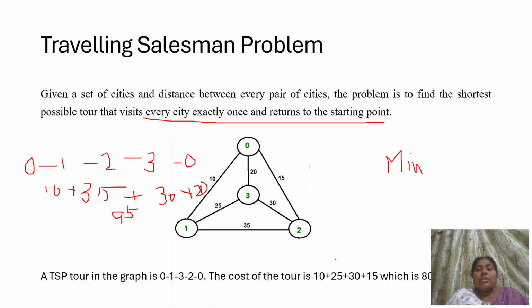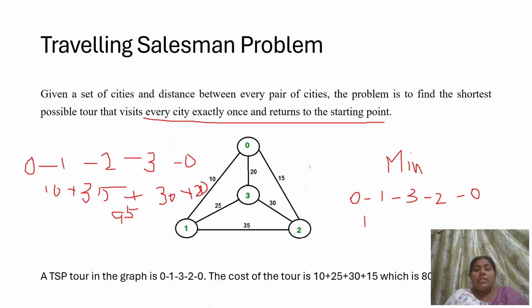Another tour I am going to consider: I am starting at 0, going to 1, next to 3, next to 2, and next back to 0. The very important thing is that each and every city should be visited exactly one time only.